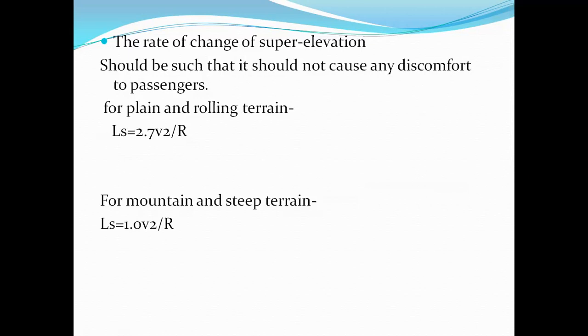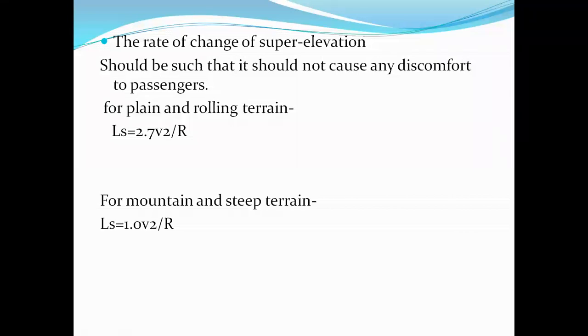It is calculated for plain and rolling terrain by the formula Ls is equal to 2.7 V squared divided by R, and for mountainous and steep areas Ls is equal to 1.0 V squared divided by R. After calculating these two values, the rate of change of centrifugal acceleration and the rate of change of super elevation, the value which is greater is considered for the design of the transition curve.